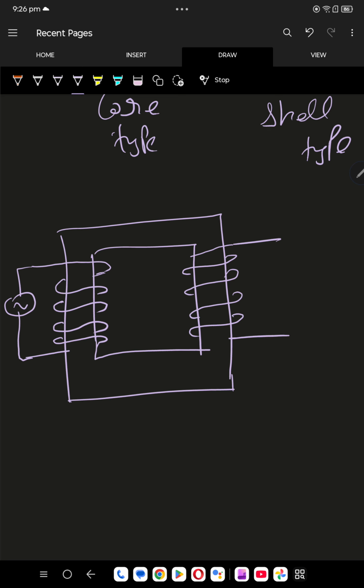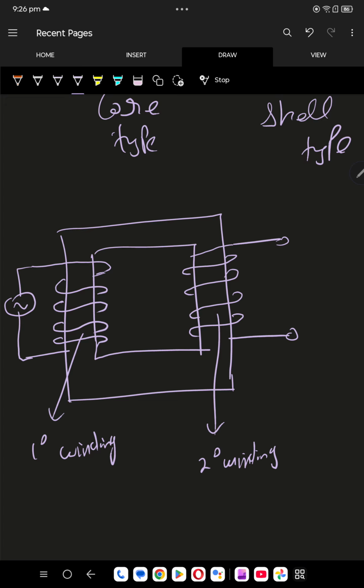Once you draw S like this, also draw S like that, and this side can be your load side. So this is your primary winding and this is your secondary winding. This is in core type.